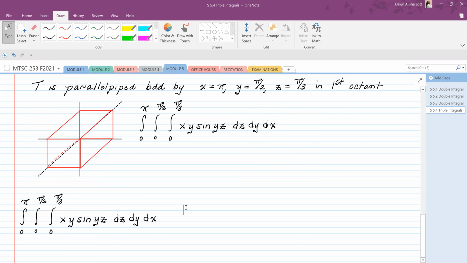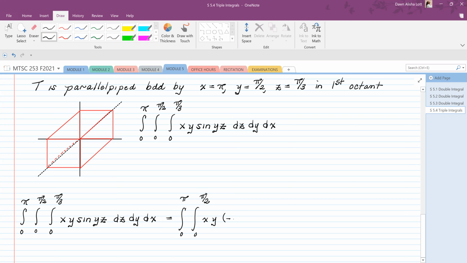Okay. So that is the integral from 0 to pi, the integral from 0 to pi over 2, and then I'm going to integrate the inside with respect to z. So when I integrate that with respect to z, the x is not going to move, and I have a y.